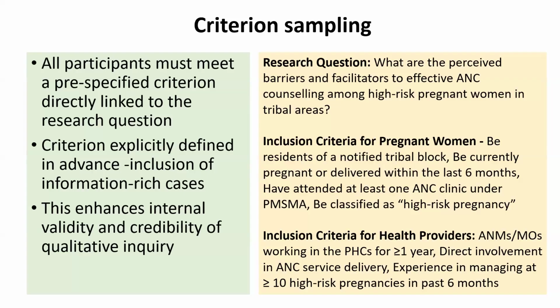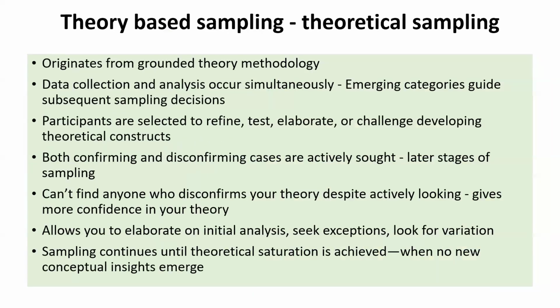If you have such a question where you have to really clarify who will be eligible as far as that term is concerned, for example, in this question, high-risk pregnant women, you will have to clarify in your inclusion criteria who will be considered to be high risk. So that is criterion sampling, meaning you have explicit inclusion and exclusion criteria.